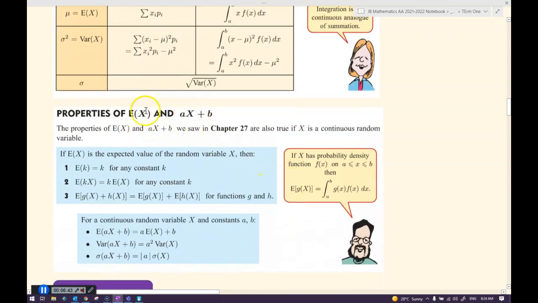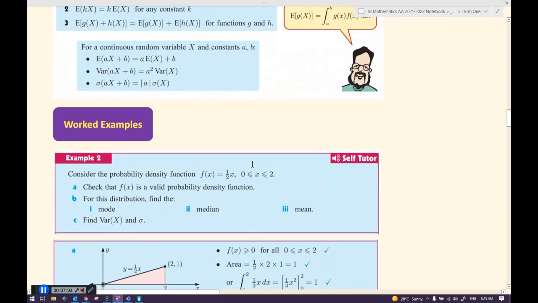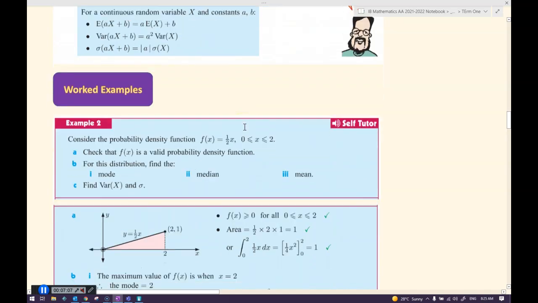HL students, the properties of the expected value of x under a linear transformation, if I multiply every value under my normal distribution by 3 and then add 5 to it, the properties that we talked about in the last section still hold. I don't think there are any questions on it in the textbook, but it's important that you understand those transformations work exactly the same way as they did for our discrete variables.